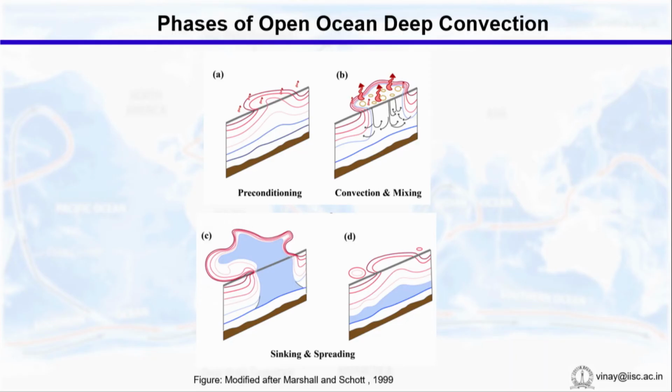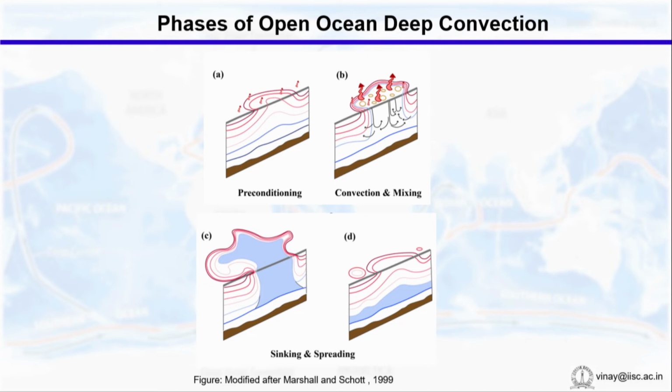When Ekman suction happens, the weakly stratified water, such as in the middle of this picture, is lifted and it is exposed to the surface. After the preconditioning happens, in regions of positive wind stress curl, the water near the surface is weakly stratified.